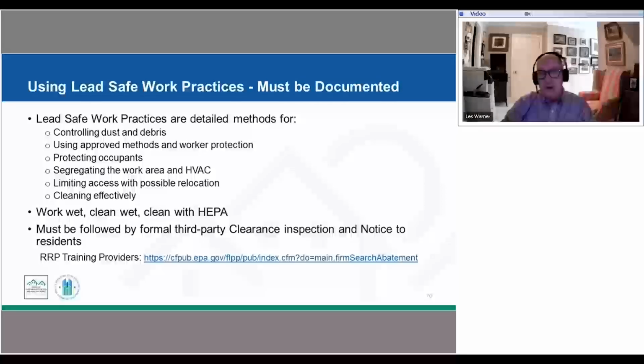We're going to be talking in a moment about not only worker protection, but also protecting the occupants of those units. And so talking about how do we plan that work site to make sure that we're going to contain any hazards that are created, and that's not going to be tracked in or blown into other areas of that unit.